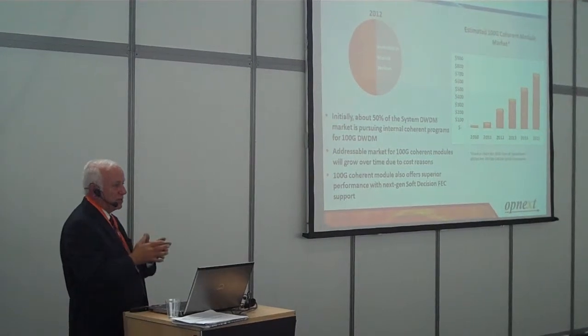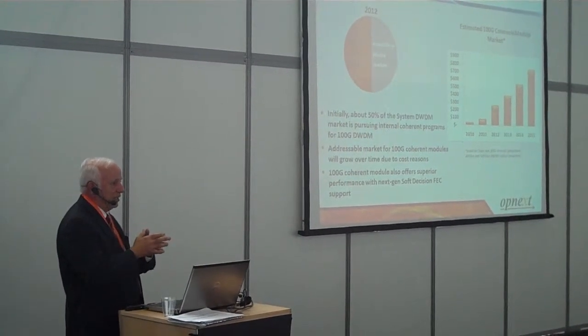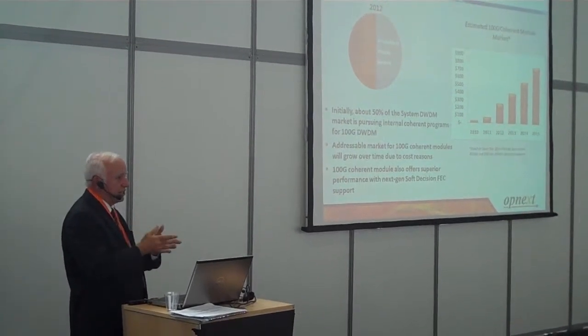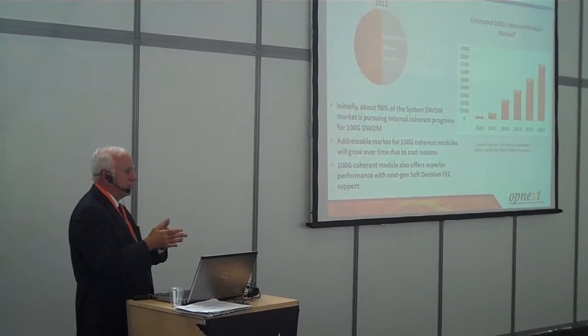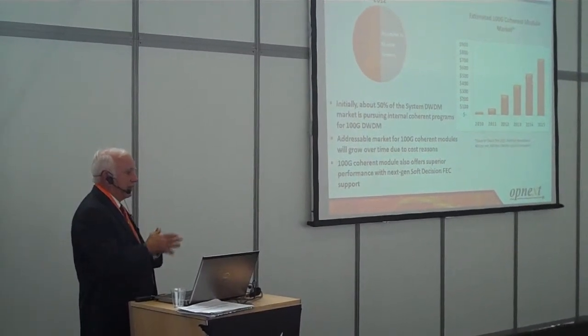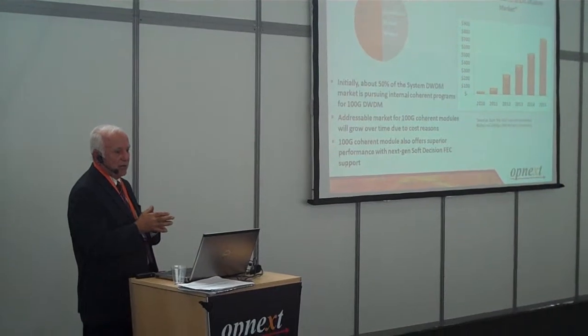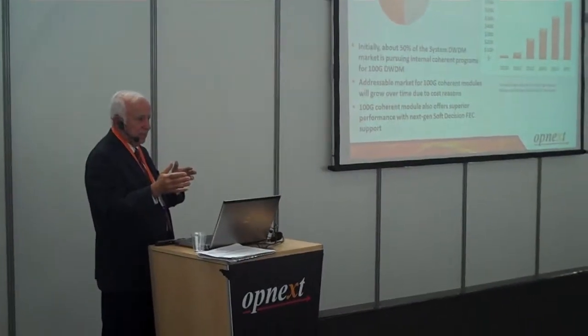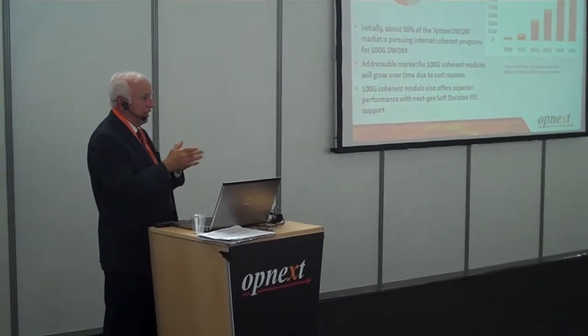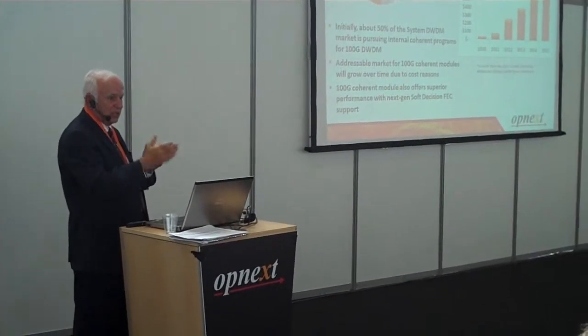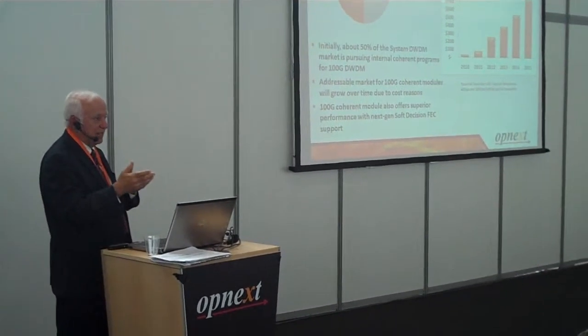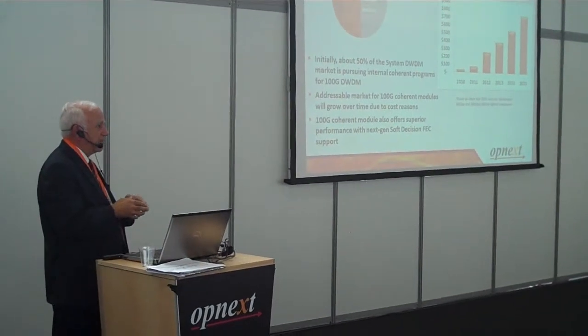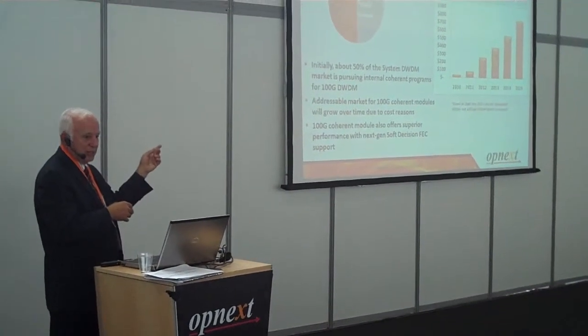So there are some system vendors that have built 40G and 100G coherent into their systems to get to market early. And so that's about half the market in the 100G range. We think that eventually will evolve, same as 10G did, and 100G will start to come out in a modular format, and some customers will adopt it as they go on to the next generation.